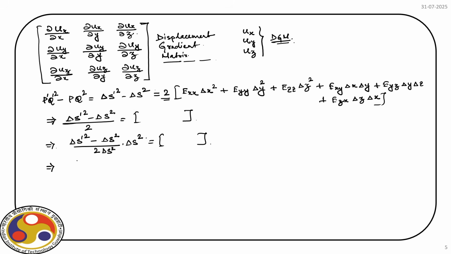Then we can further simplify. So, let me write down the simplified form. We have delta s' minus delta s divided by delta s, plus delta s' minus delta s divided by delta s, the whole square over 2, times delta s square, is equal to this quantity, third bracketed term.